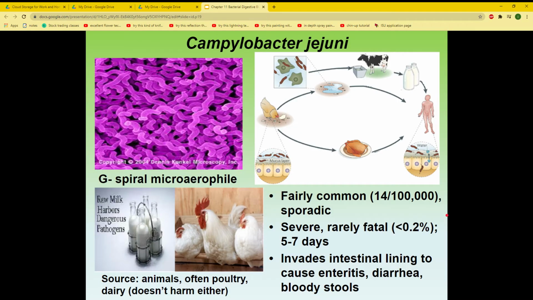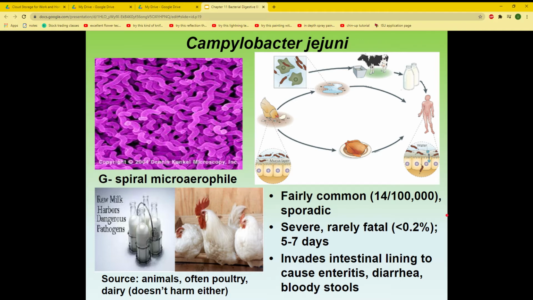All right. Another bacterium that is fairly common in terms of its disease, again primarily diarrhea, bloody stools though, so it can be fairly serious, is Campylobacter jejuni. It is a spiral bacterium, a microaerophile, meaning that it is not really an obligate aerobe, and it is found primarily in animals, poultry.